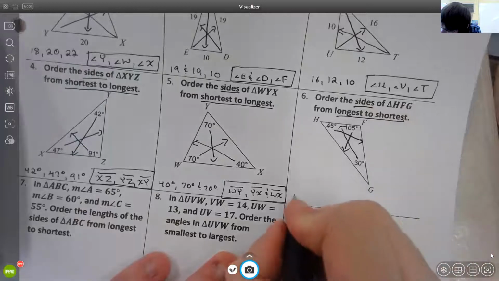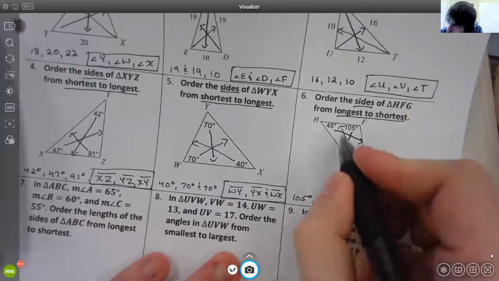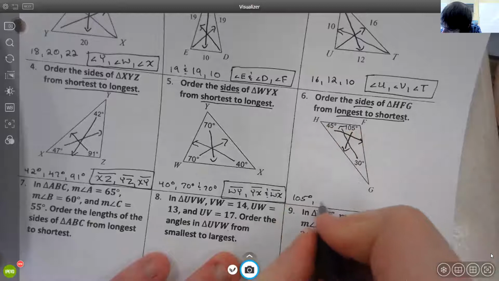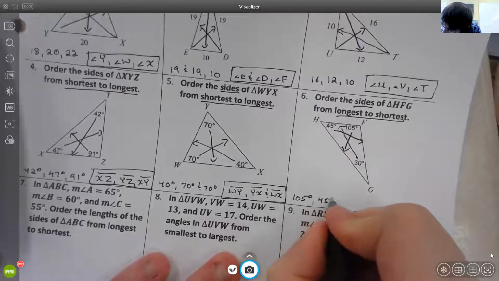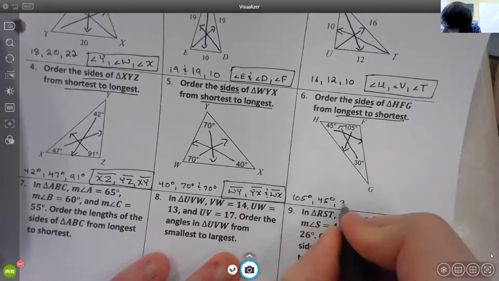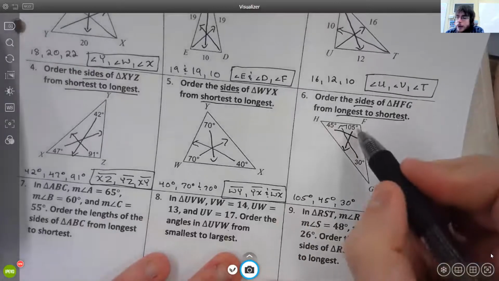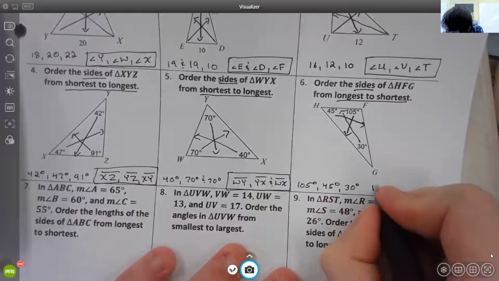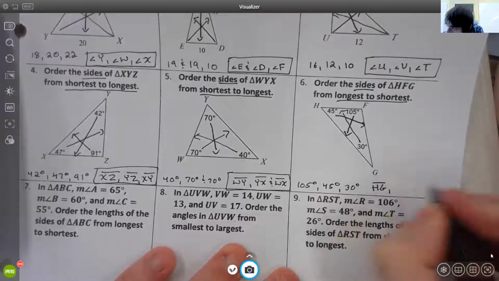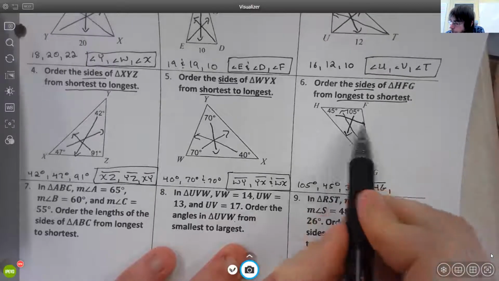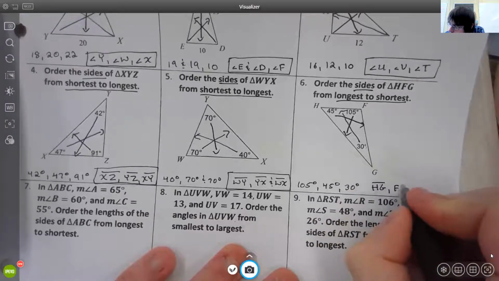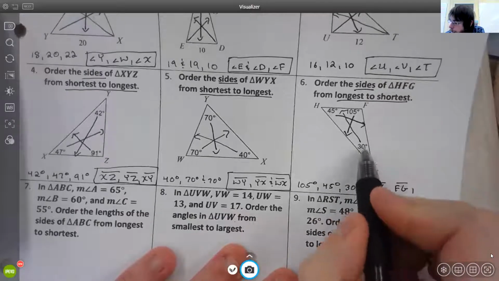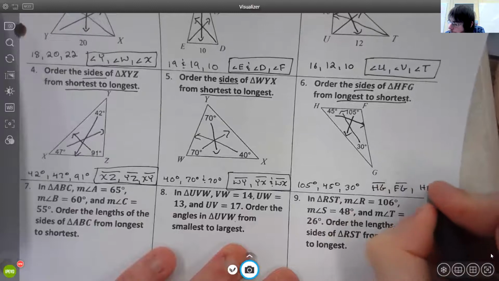Our largest angle is 105. Our next smallest angle is 45. And then the smallest angle is 30. The 105-degree angle points to side HG, so that goes first. Then the 45-degree angle points to FG. And then the 30-degree angle points to HF.